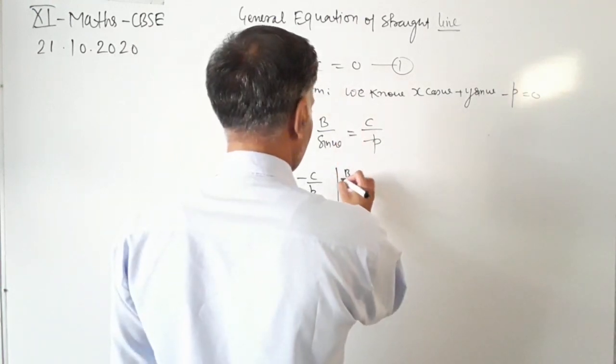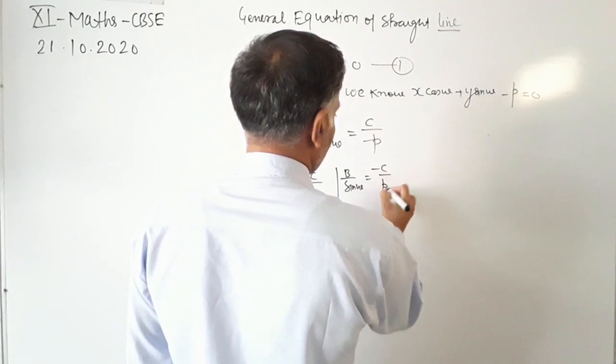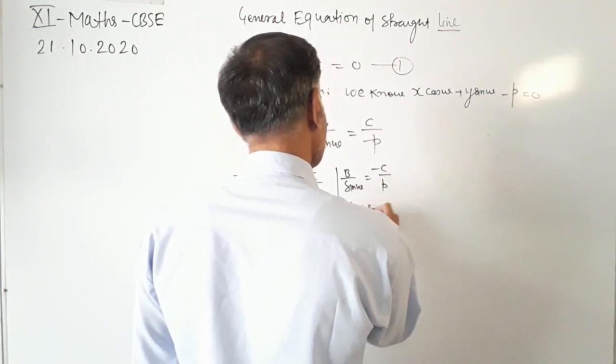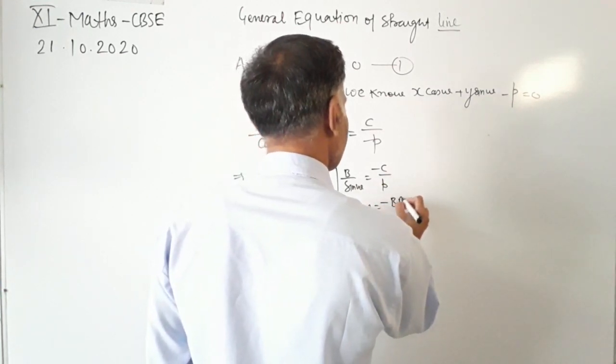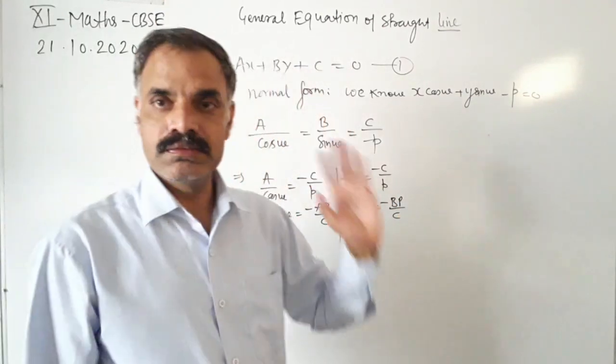Similarly, b upon sin omega equals minus c upon p. So sin omega is equal to minus bp upon c. Okay, so cos omega and sin omega.